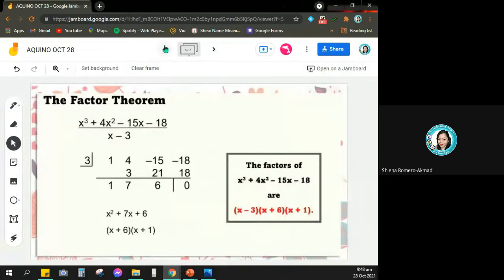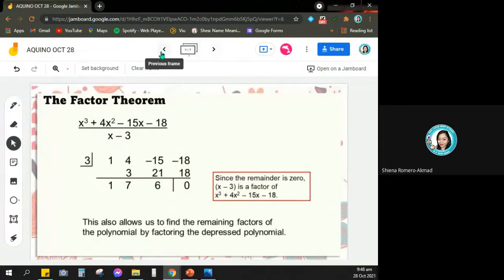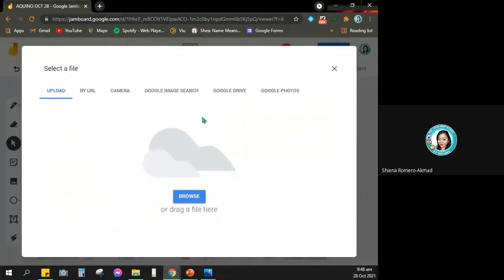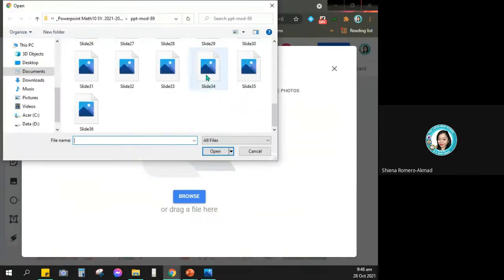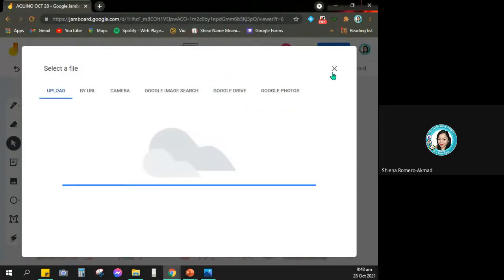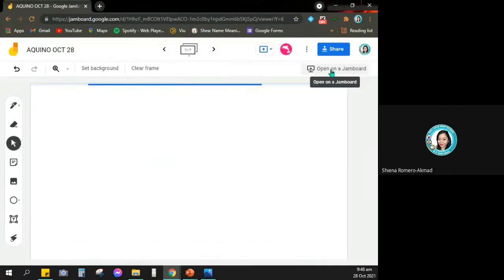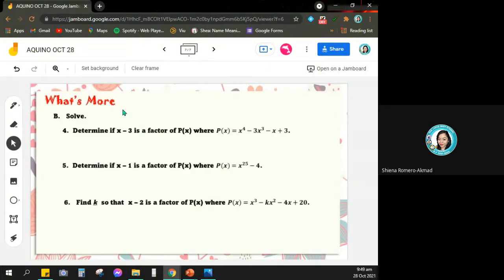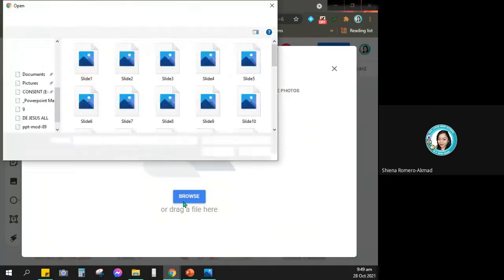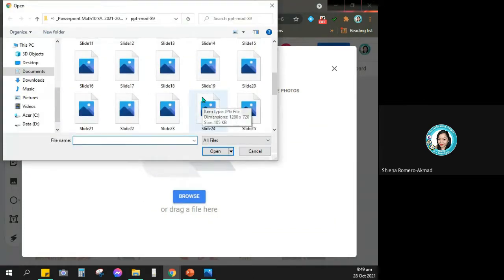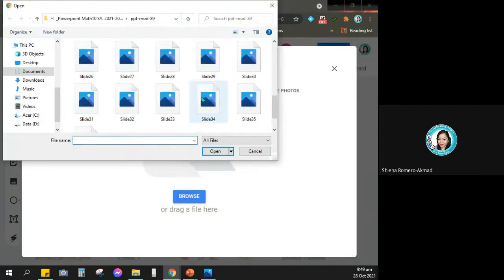Nawawala ako sa page. Ay, nako. Sige, magsagot na kayo habang hinahanap ko kung anong page ba yun.